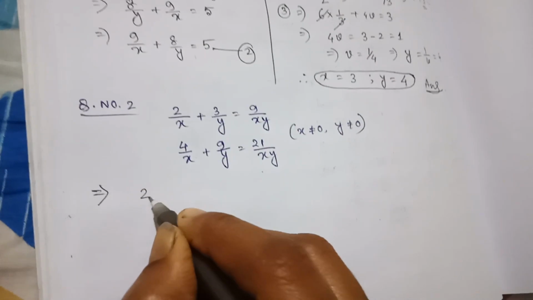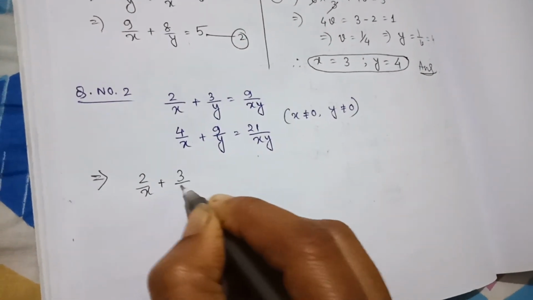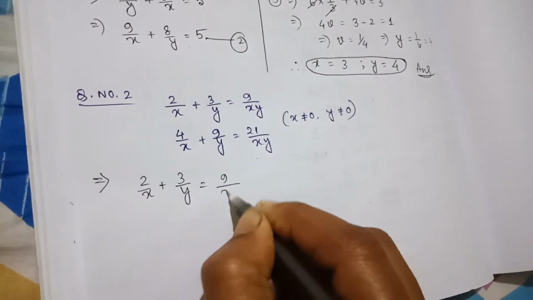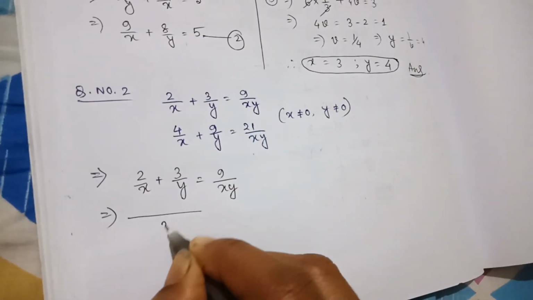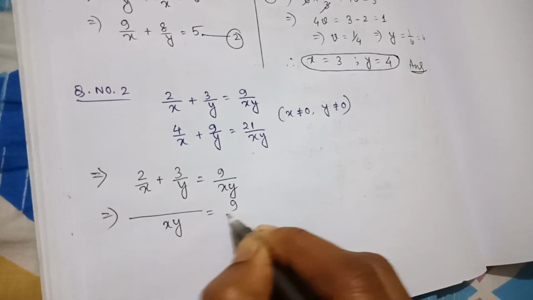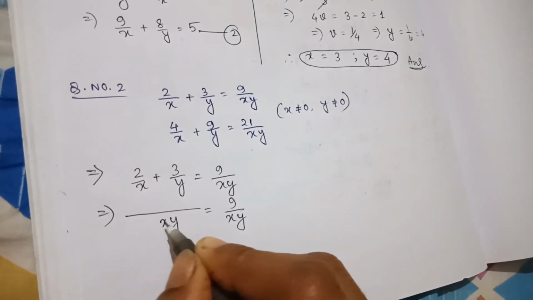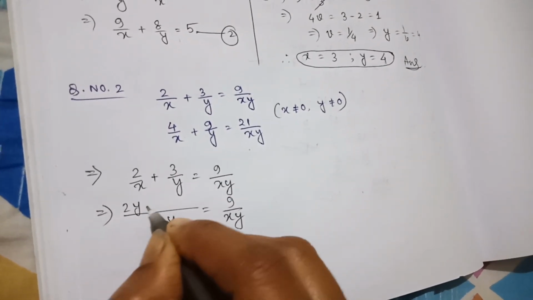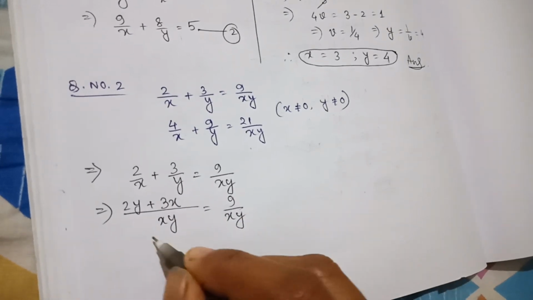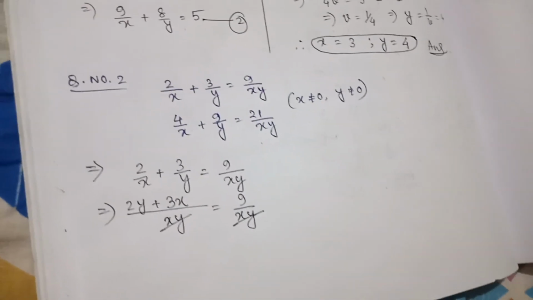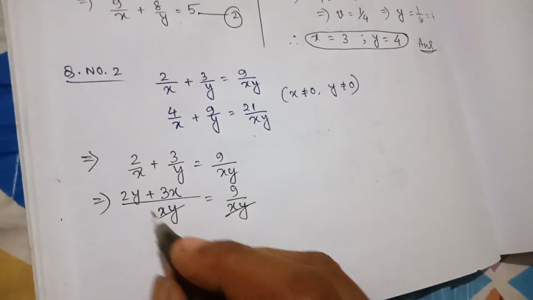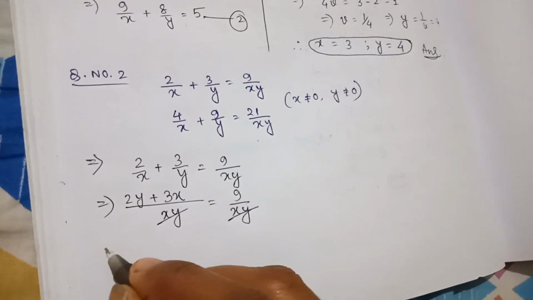First we need to write the given equation. Then we will just take its LCM, nothing else, normal LCM. So we will get 2y plus 3x in the numerator. The xy will be cancelled on both sides, numerator and denominator.